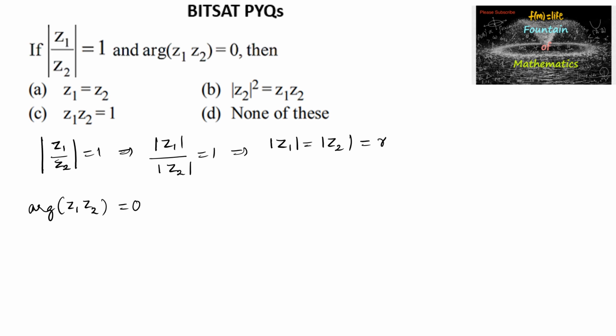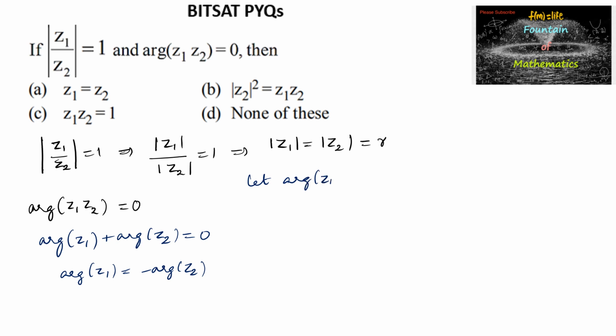So according to the property, argument of z1 z2 can be taken as argument of z1 plus argument of z2 is equal to 0, that is argument of z1 is equal to negative of argument of z2. Let us consider argument of z1 is equal to theta, which implies argument of z2 can be taken as negative theta.